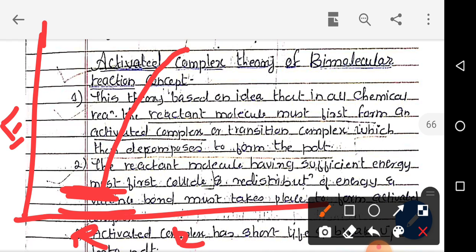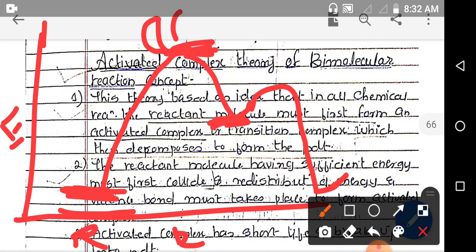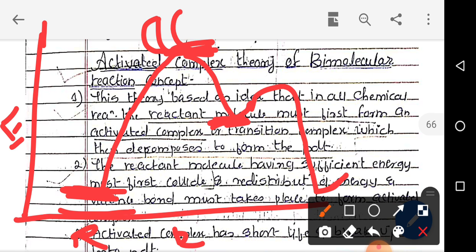At the transition state they have the highest amount of energy, or the intermediate also has a high amount of energy. Then there is the formation of the product, meaning the reaction has to proceed through the transition activated complex, and then the activated complex or intermediate is converted into the product form.